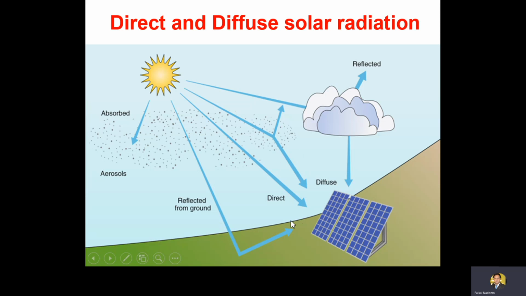So the amount of direct radiation is very important for any solar receiver to produce electrical power and solar energy. The areas which receive direct radiation in a good amount will be regarded as good geographical locations for solar electric power generation.